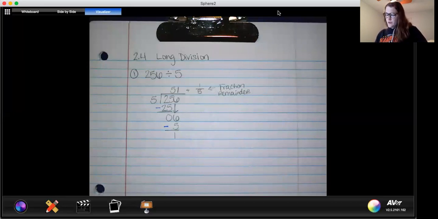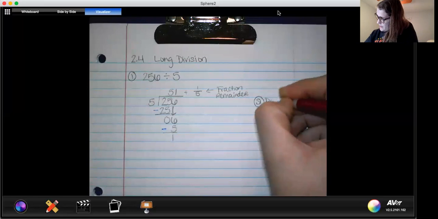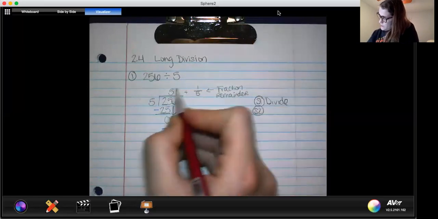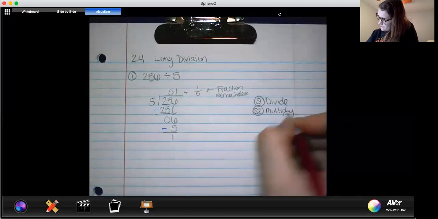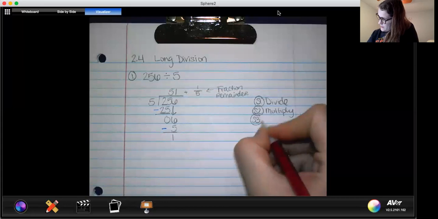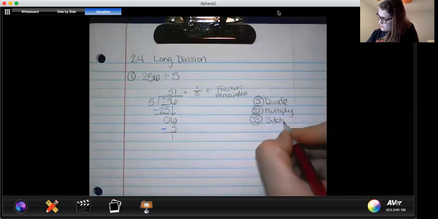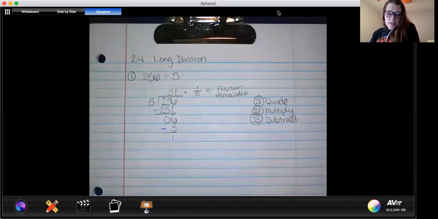And so let's go over those steps again. So step 1, you're thinking about the dividing. Step 2, you multiply. Step 3, you subtract, which I always use a different color, the little blue, to indicate my subtraction.